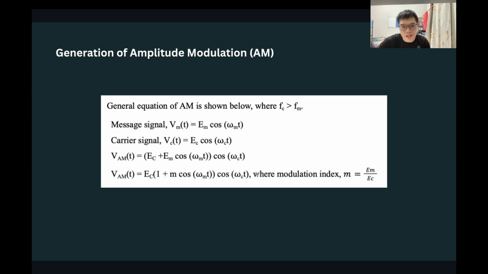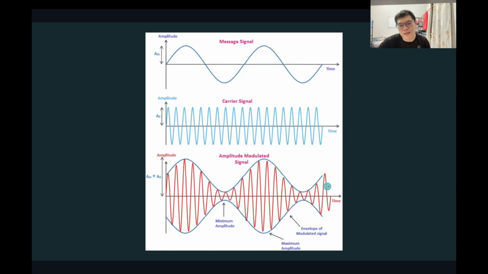These are the equations to generate the amplitude modulation by combining Vm, which is the message signal, and the carrier signal together, with the help of the modulation index. So how does amplitude modulation work? Let me explain. This is the message signal that we want to transmit. For example, we can transmit the message signal as a cosine graph, and the carrier signal is also a cosine graph.